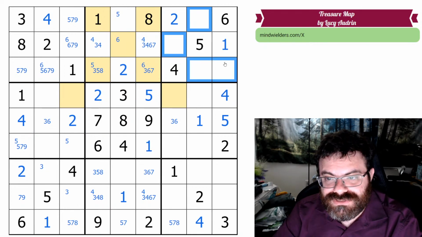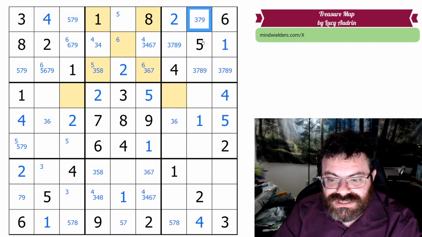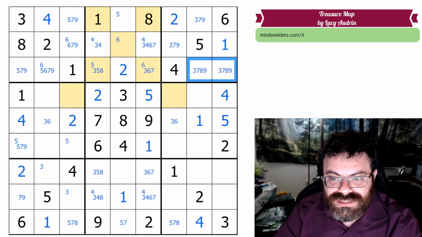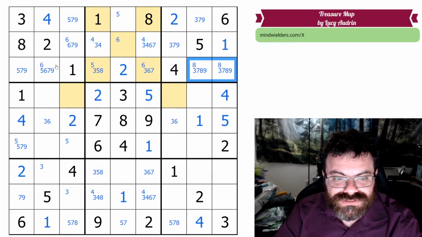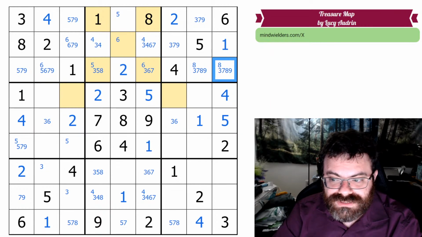This box needs 4. We have 1, 2, need 3, 7, 8, 9. That's not 8. That's not 8. So 8 is one of these two, actually. This is not 3. That's not 8.